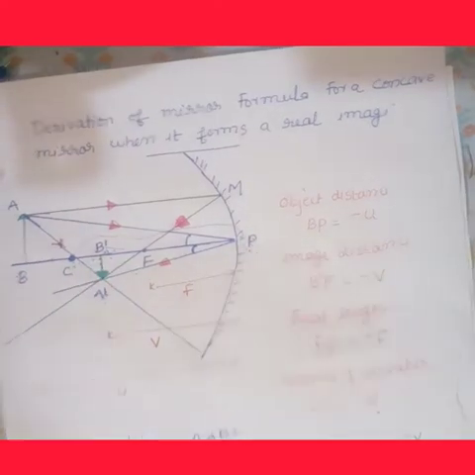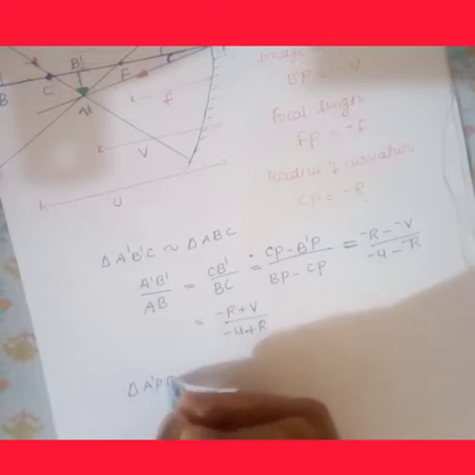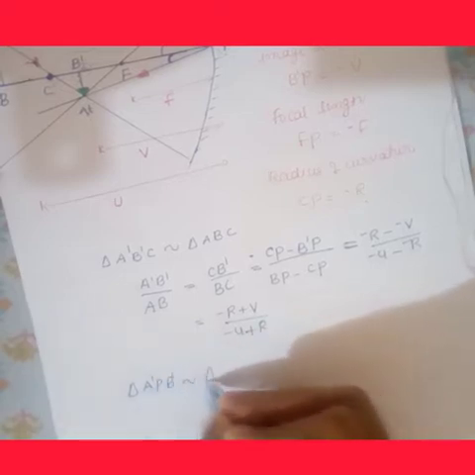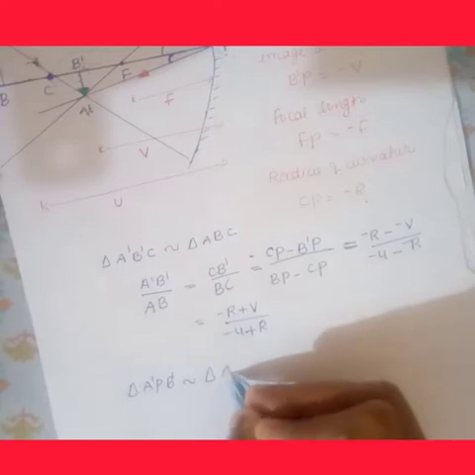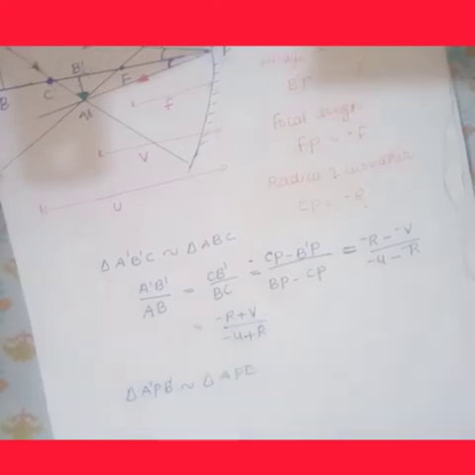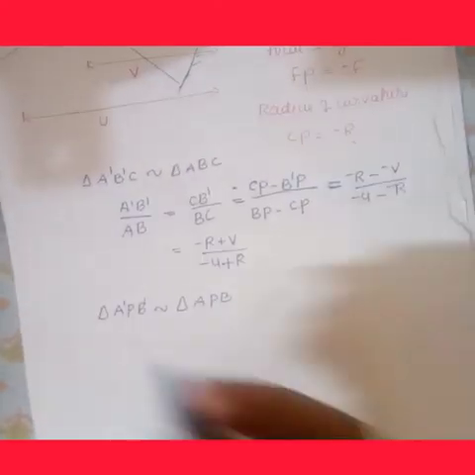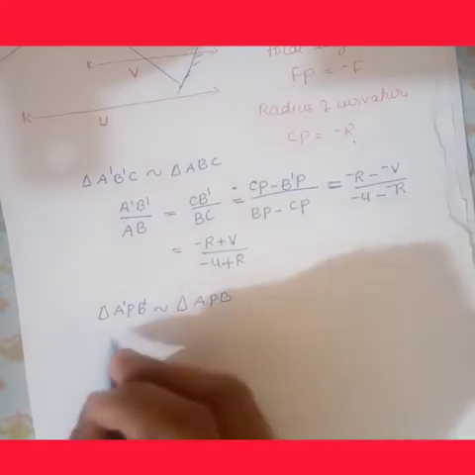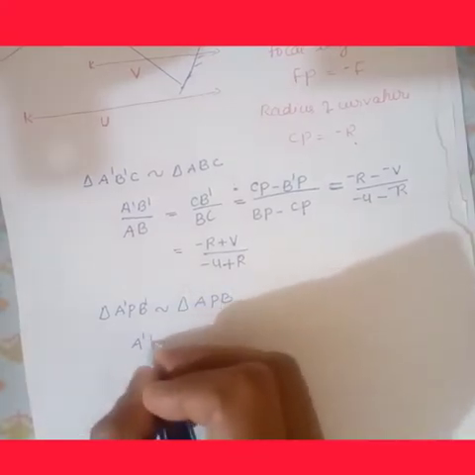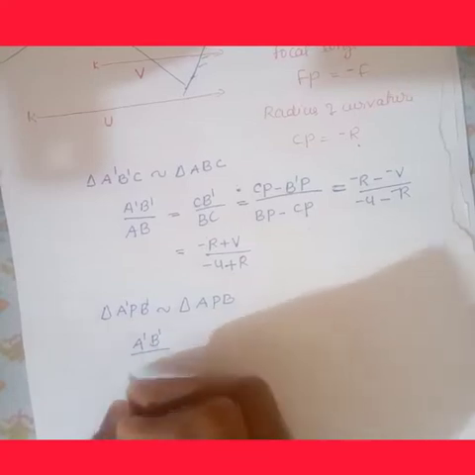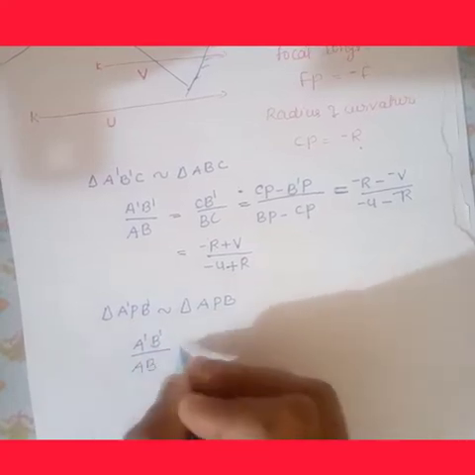Which two triangles are congruent? Triangle A'PB' is congruent to triangle APB. Then also the other side proportions. So A'B' divided by AB is equal to what?